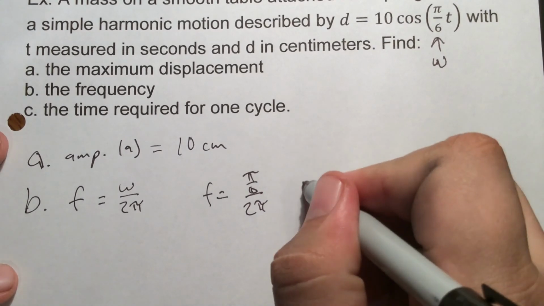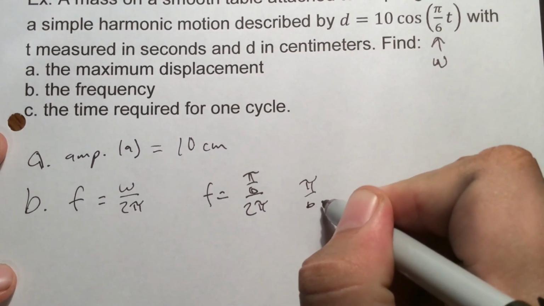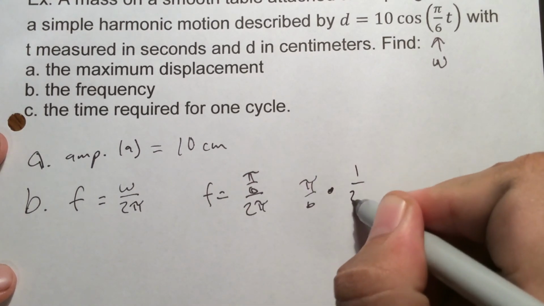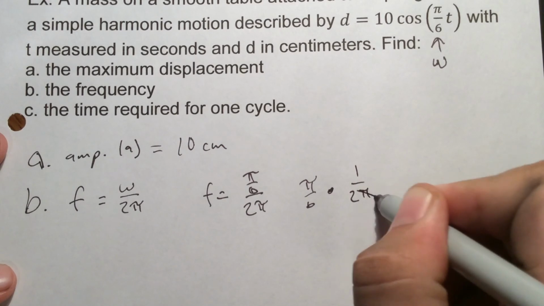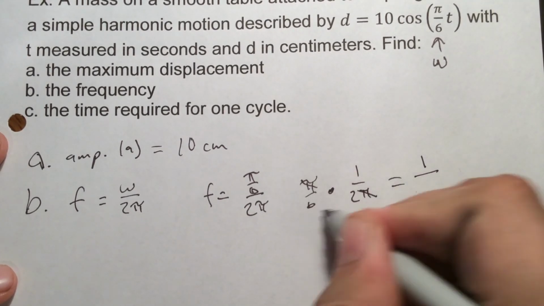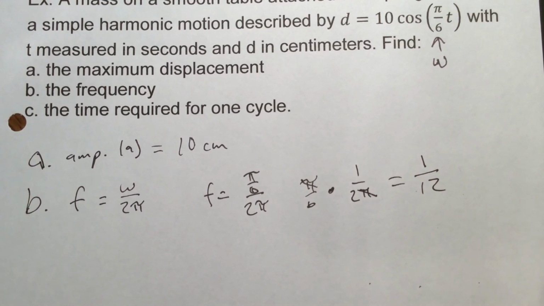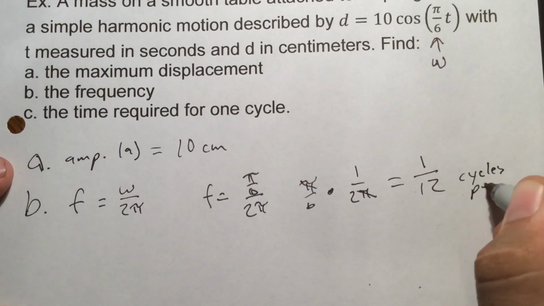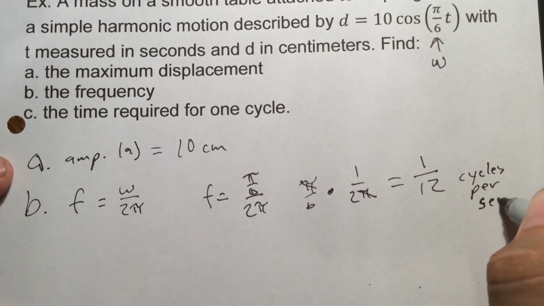So we're going to leave, change, flip. Leave pi over 6, change to multiplication, flip this over to 1 over 2 pi. The pi's can then cancel, and when we multiply, 1 and 1 makes 1, 6 and 2 make 12. So our frequency is 1/12 cycles per second.